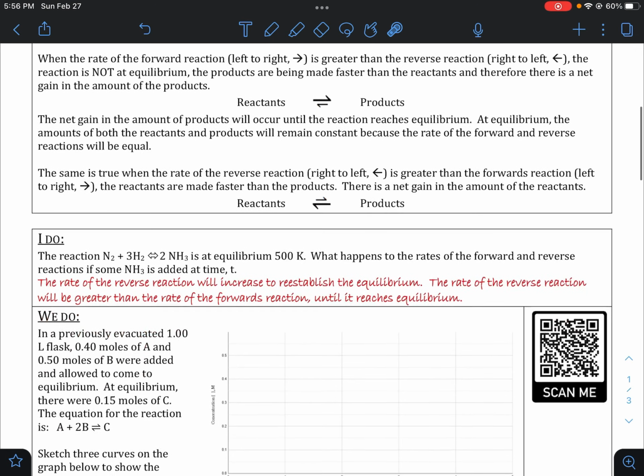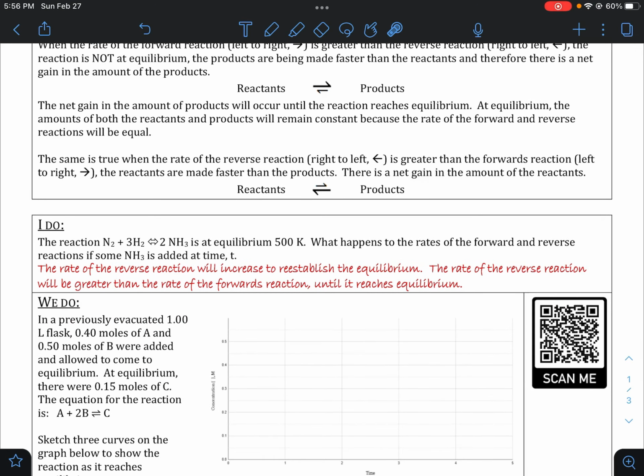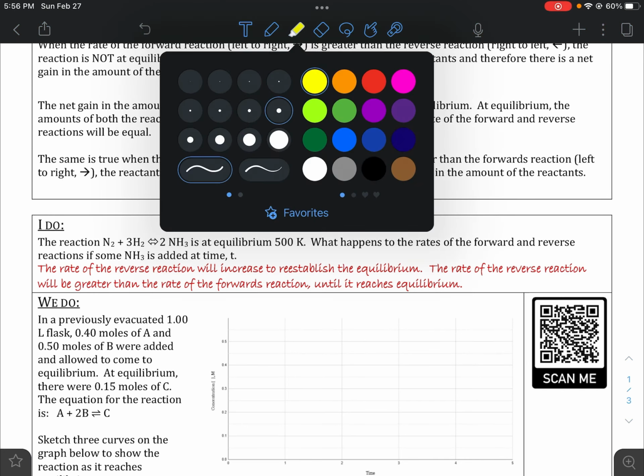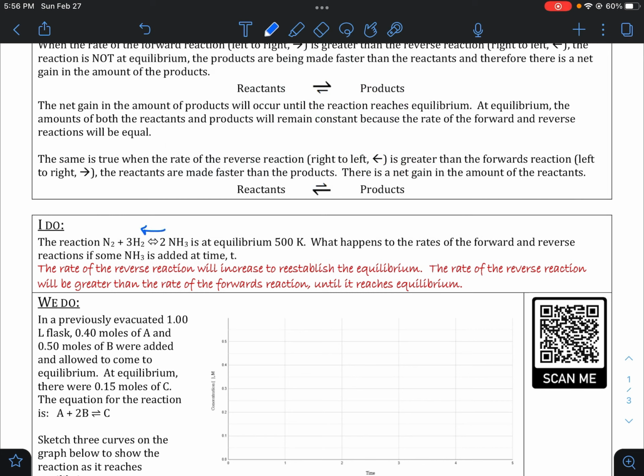Now, we look at the first problem here. The reaction given is at equilibrium. But what happens to the rates of the forward and reverse if some NH3 is added at this time? So if we add more of our products, the rate of the reverse direction, going from this to this, is going to increase because we want to reestablish our equilibrium.